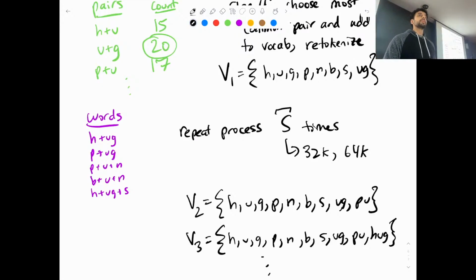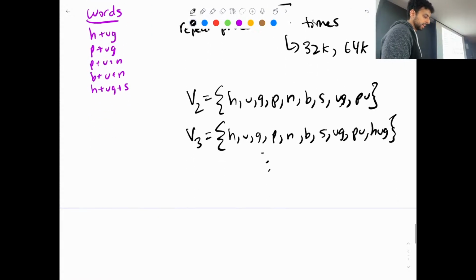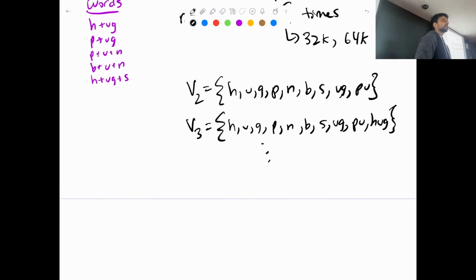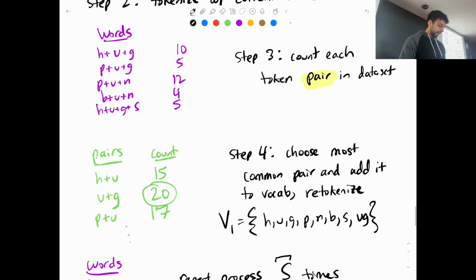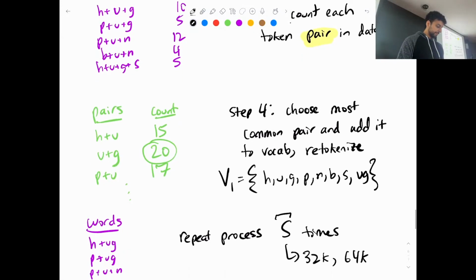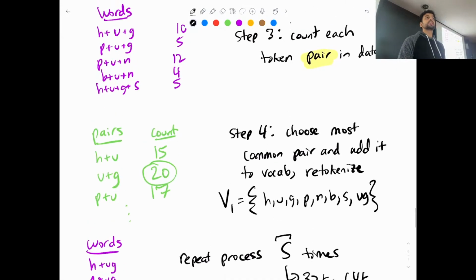It really affects performance on lower resource languages, and that's something we'll get into a little bit here at the end. Oh yeah, so how are the counts calculated for every step? Is it automatic? Yeah, the counting is automatic. Based on my tokenization, I can just look at the count of every pair of tokens that occur in the data set.